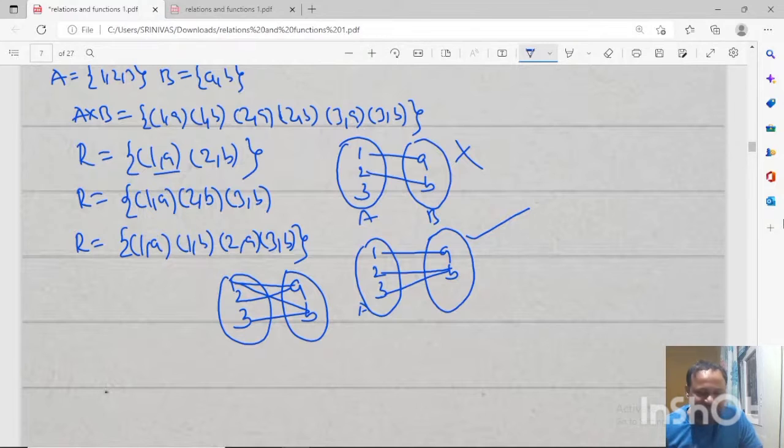No, this is not a function because 3 has one relation, 2 has one relation, but 1 has two relations. So 1 has more than one relation, and that's why it is not a function. So we can identify easily whenever the relation is given in ordered pairs. Simple.